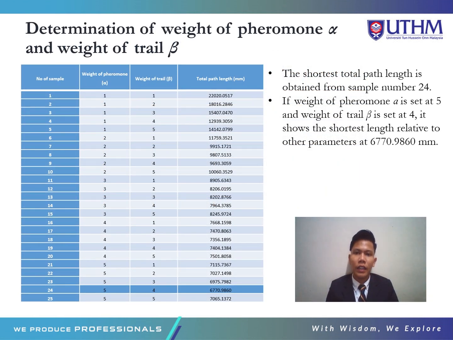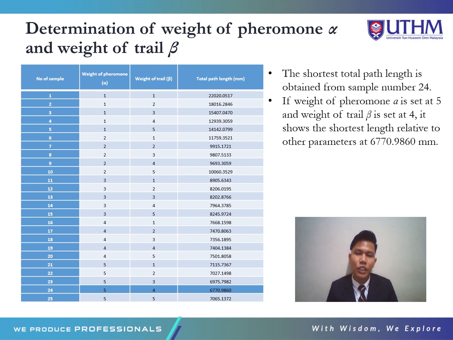Next, the parameters that we also pick are the weight of alpha and beta. As we can see from the table, we are producing 25 samples with different weights of pheromone.